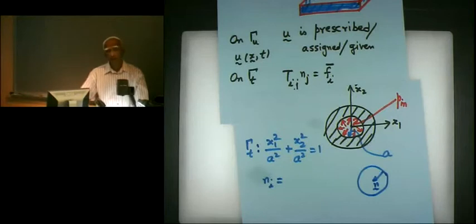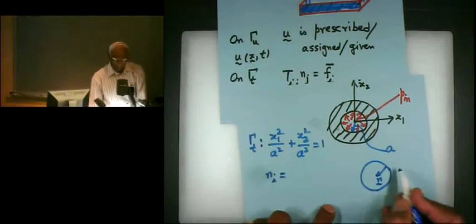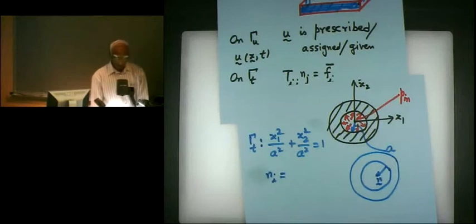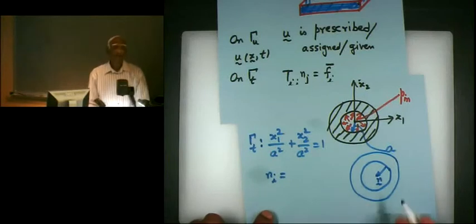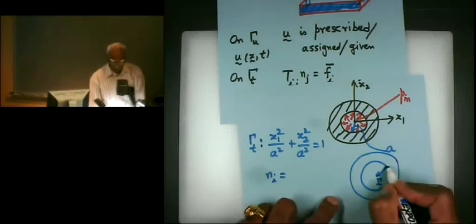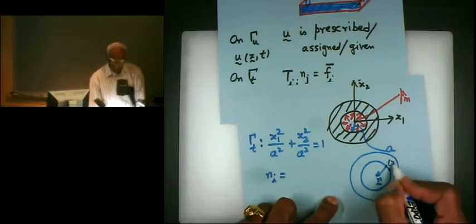Remember, the normal has to point out of the body. So the body is this one. So the normal has to point out of the body. So what will be the components of this n? Let's say this point has coordinates x1, x2.